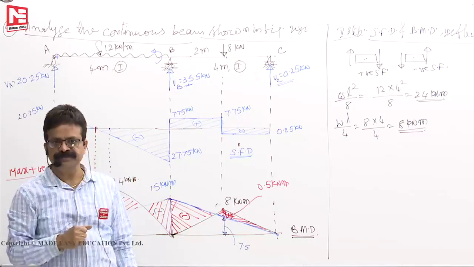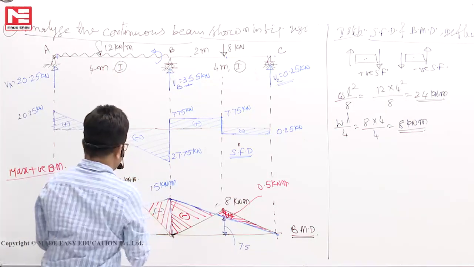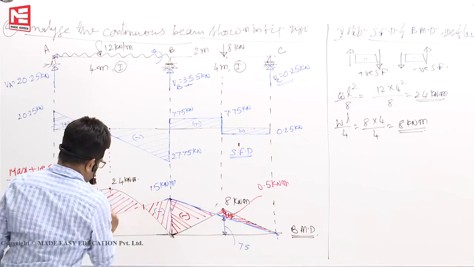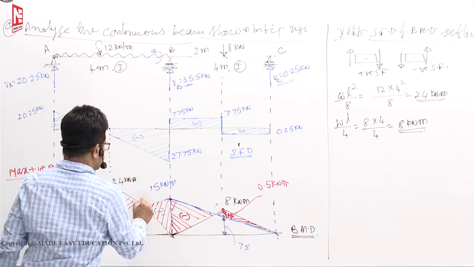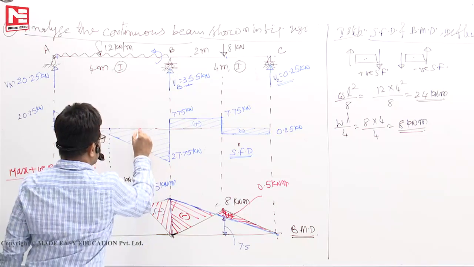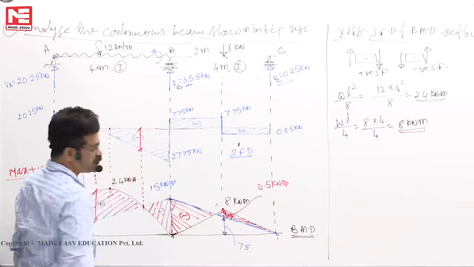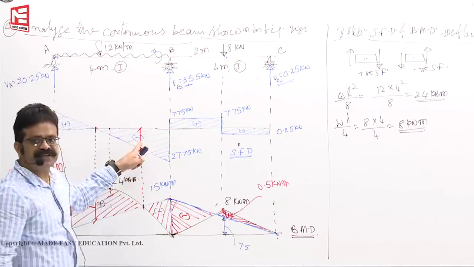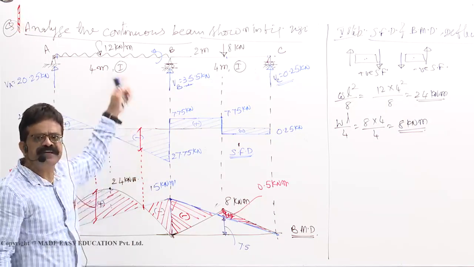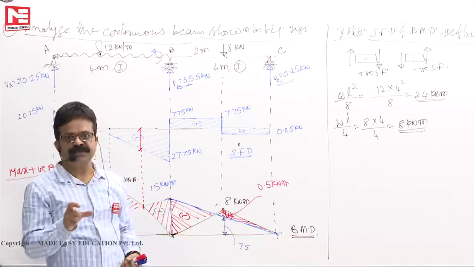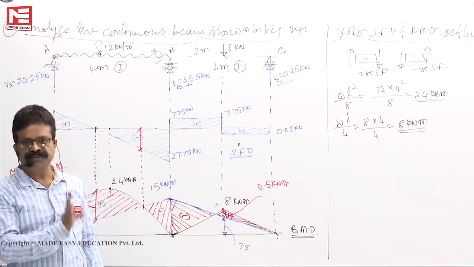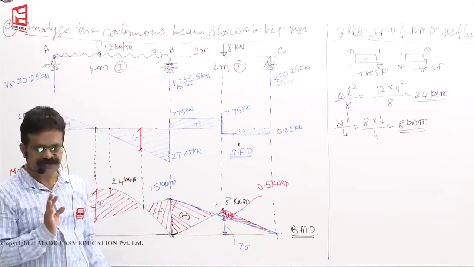Maximum or minimum? See here at this point, positive to negative bending moment, this is called the point of contraflexure. At the point of contraflexure, this is the shear force. You see this value is neither maximum nor minimum. It will take some intermediate value, because if M is 0, we cannot tell anything about V, the shear force.